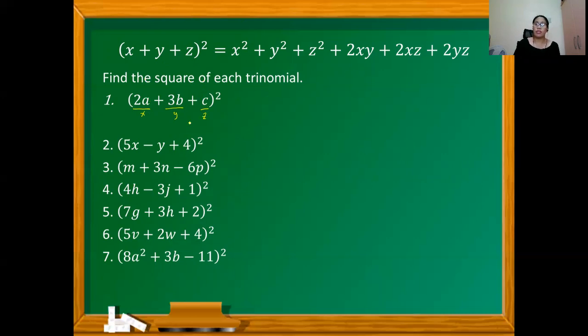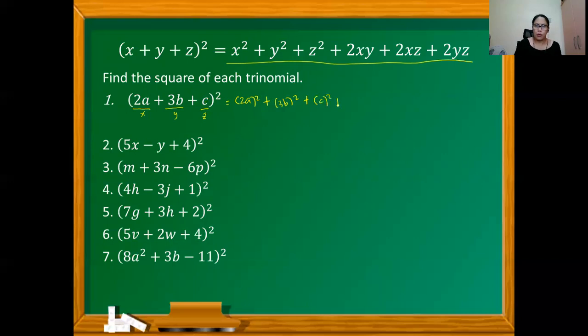So we substitute each of these terms in the formula to come up with the square of the trinomial. So first, we have to square the first term. So we have the square of 2a plus, and then we square the second term, which is the square of 3b. And then we square the last term.